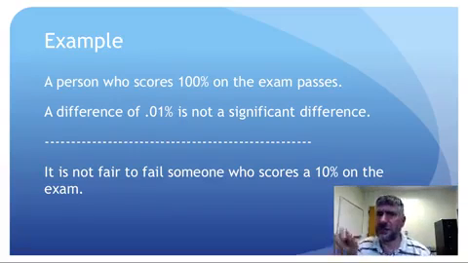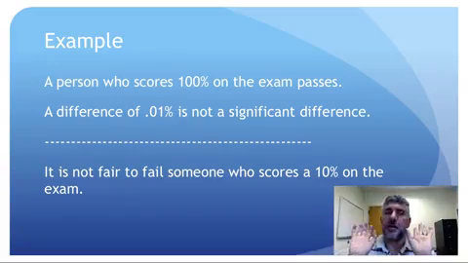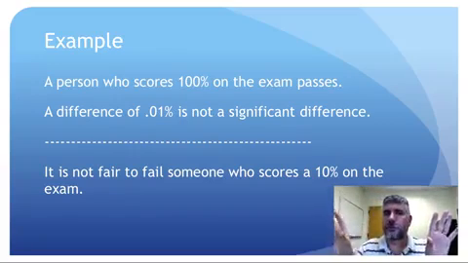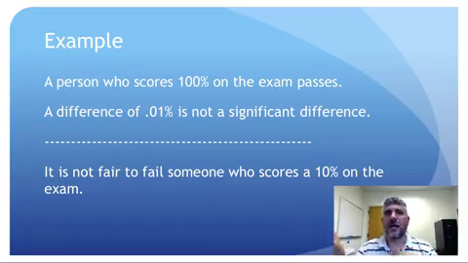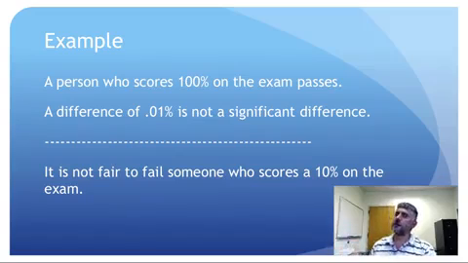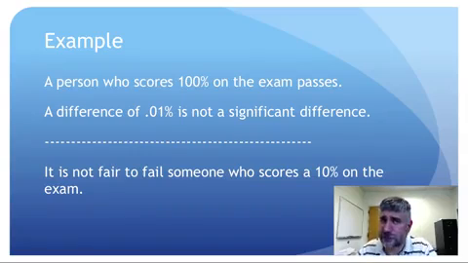Now, how does that thinking go? Well, it goes like this. If a person who scores 100% passes, and there's no significant difference between a person who scores 100% and a person who scores 99.99%, then it's not fair to fail someone who scores 99.99%. But then for the same reason, it's also not going to be fair to fail someone who scores 99.98%.